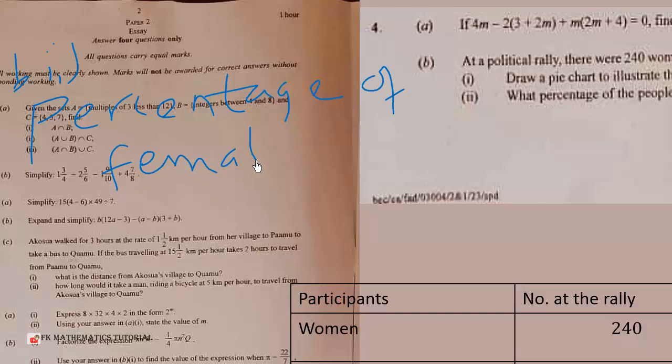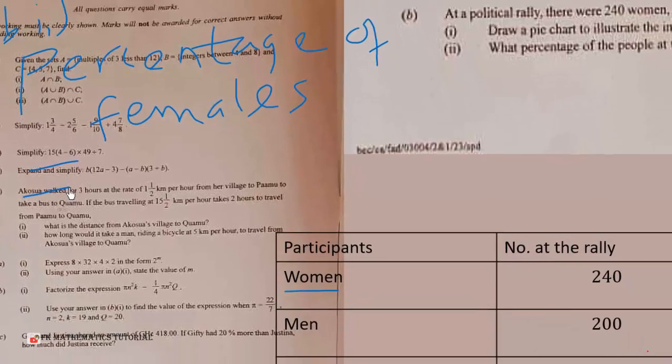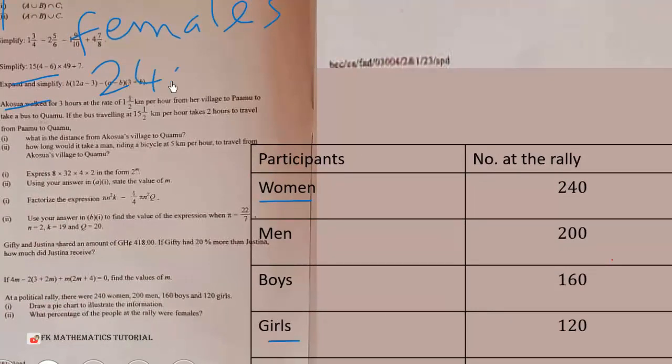Females are both the women and the girls. So percentage of females will be total number of females, which is 240 women plus 120 girls, over the total number of people at the rally times 100%.